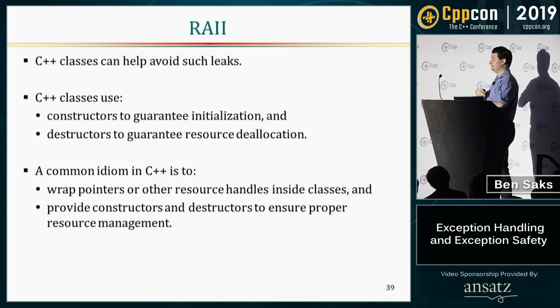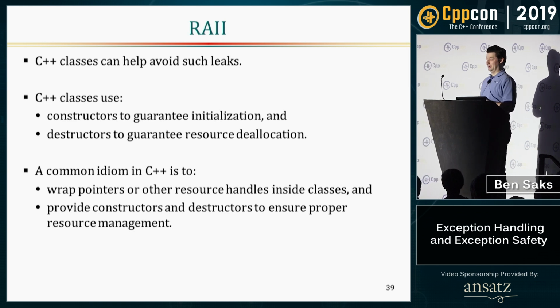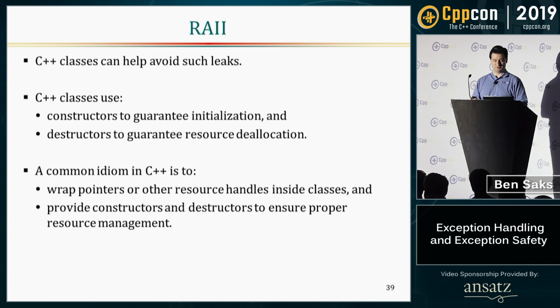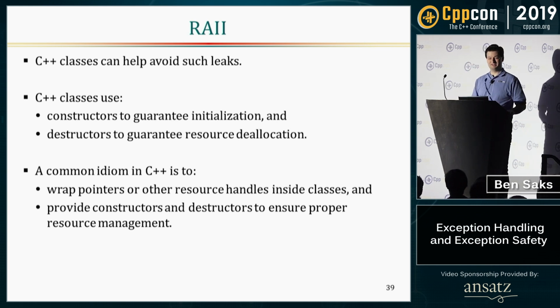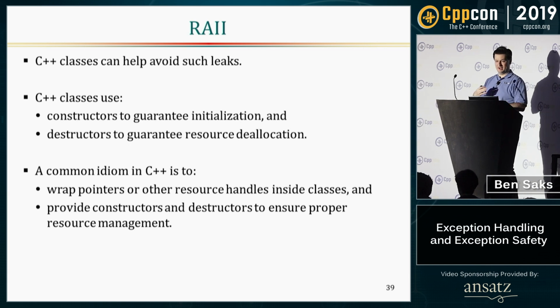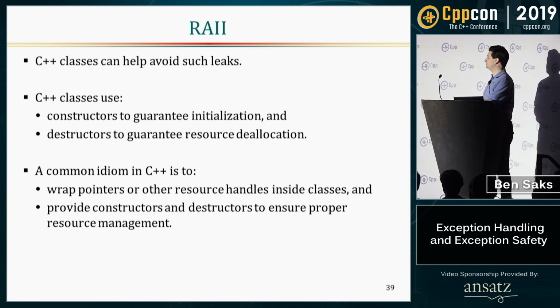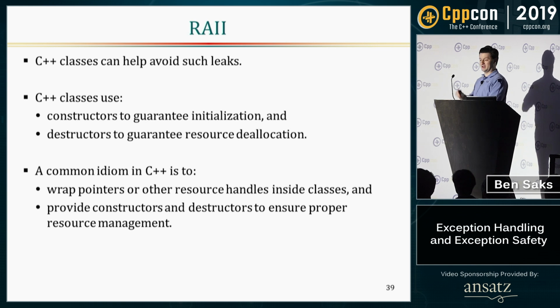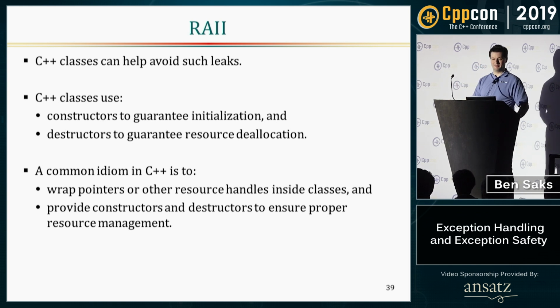So this is why you'll often see C++ programmers not use a basic C file object. They would use one of the new C++ file streams, and that's because those streams behave like the classes I'm about to show you.